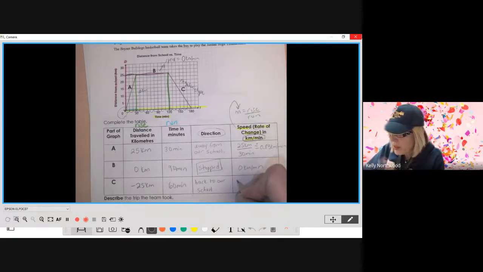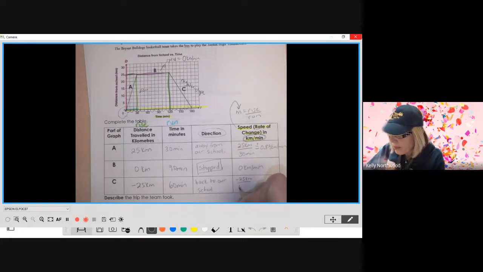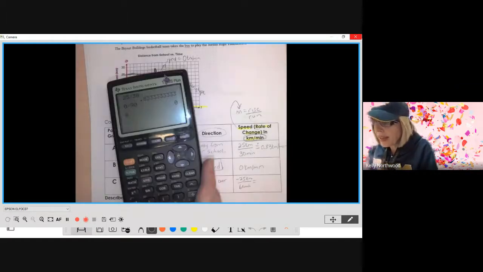And if we use rise over run, we would get approximately negative 0.411, or 0.42 if the 1 rounds up, depending on how many decimal places they want, kilometers per minute.